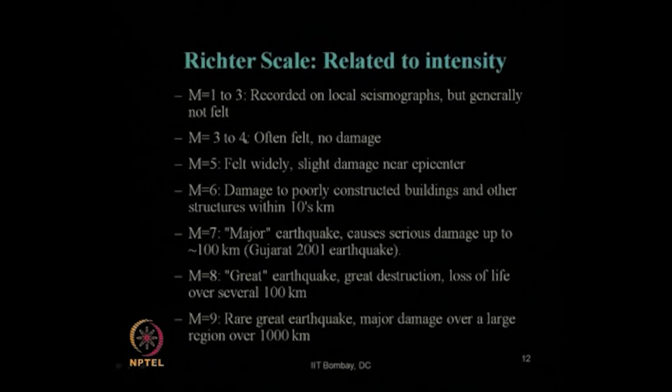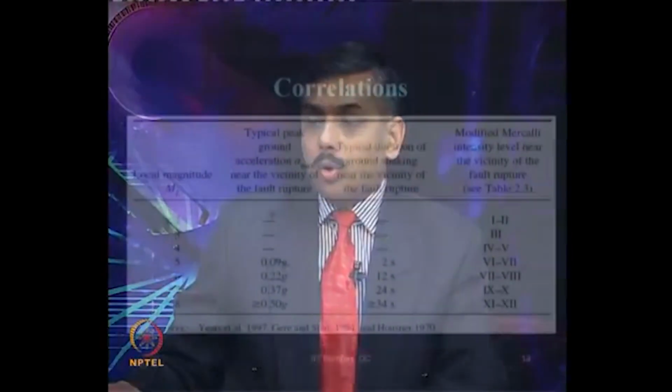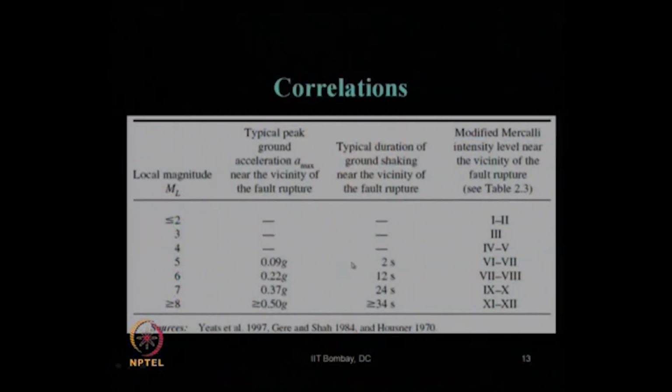Some people say that 4 should be considered as the lowermost limiting value for further analysis. Anyway, magnitude either 4 or 5 can be the threshold, above which we should always consider proper analysis and design. So, this is the correlation which I have just talked to you about.